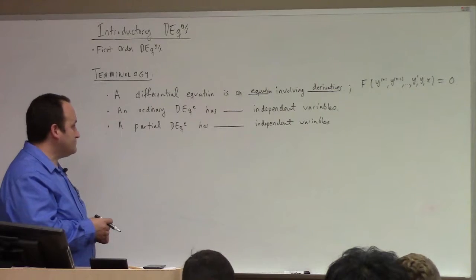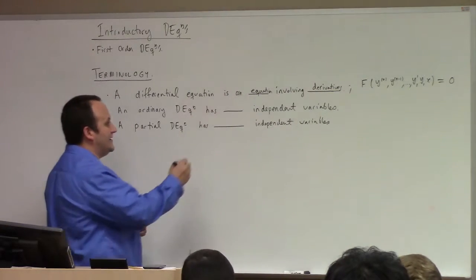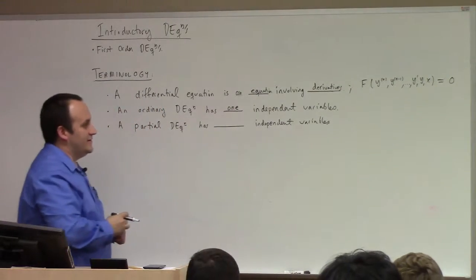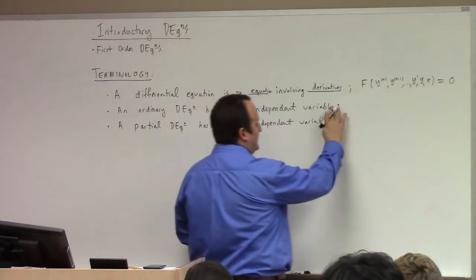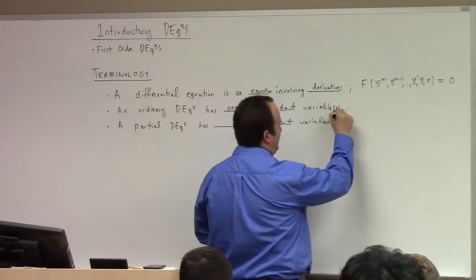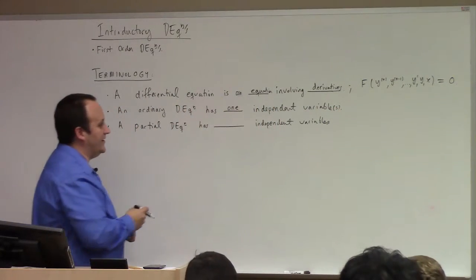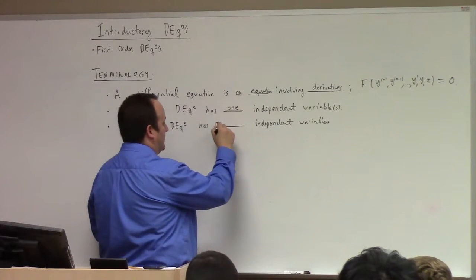An ordinary differential equation has one independent variable(s). Questionable grammar, but the right idea. Sorry, I should have put a parenthesis s here to hedge my bet. A partial differential equation has more than one.